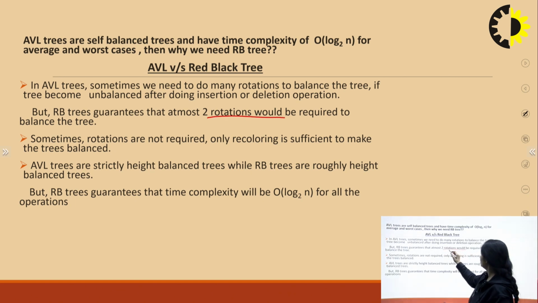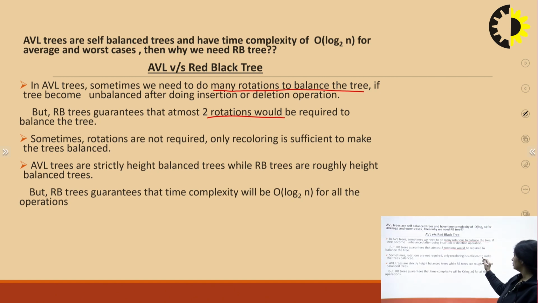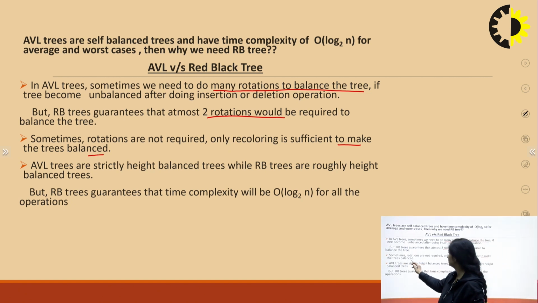It means we are using only 2 rotations to balance the tree in a red black tree, while in an AVL tree we can have many rotations to balance the tree. So this is the difference between AVL tree and red black tree. Next, sometimes rotations are not required. Only recoloring is sufficient to make the tree balanced.